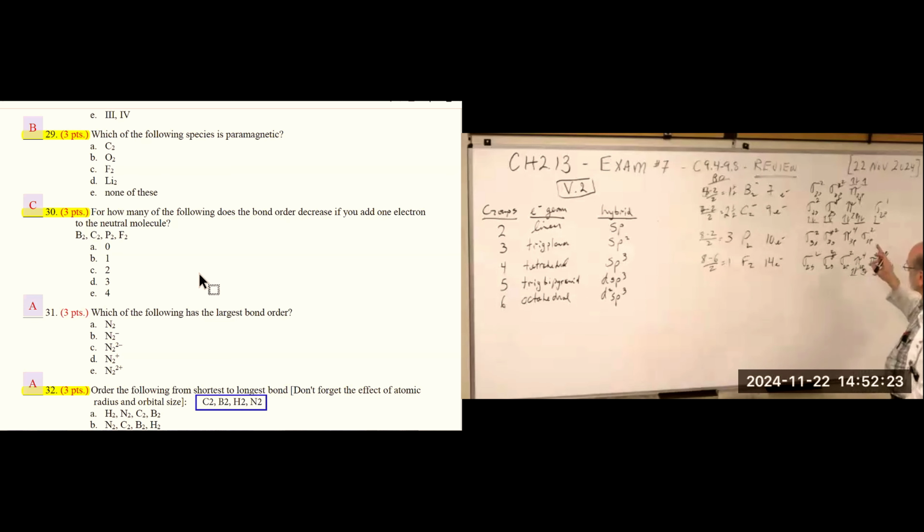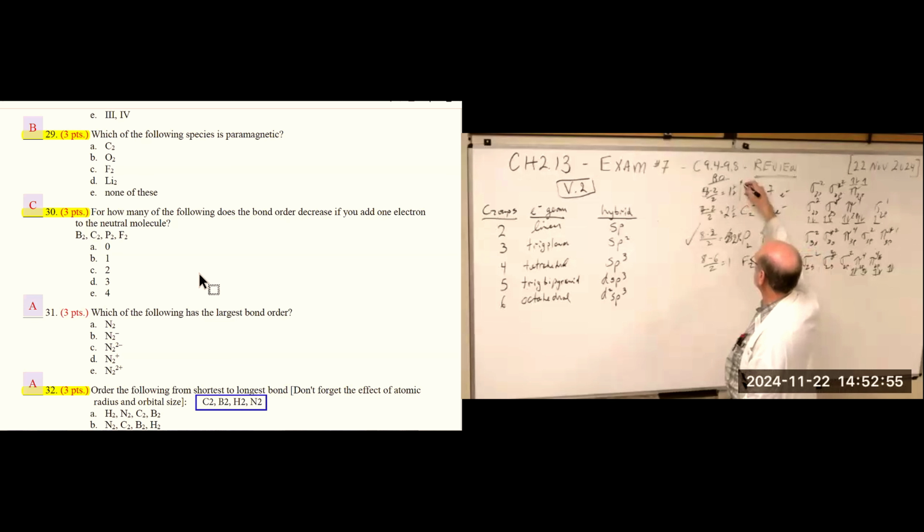If we add another one to this one, where does it go? Well, now we go to pi star. And that would make it 11. And that would make it here. That makes it 2.5. So that one went down. Okay, so that one went down. These two went up, up, and up. How about this one?